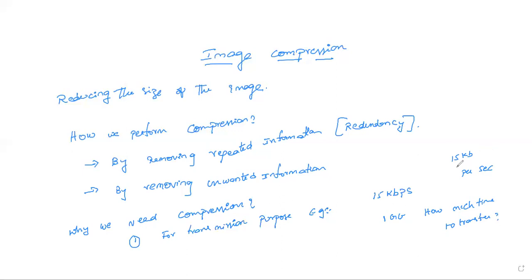1 GB means 1024 MB, so 1024 into 1024 KB. At 15 KB per second, we divide by 15 to get the time. So it takes a minimum of 2 to 3 hours to transmit this file.